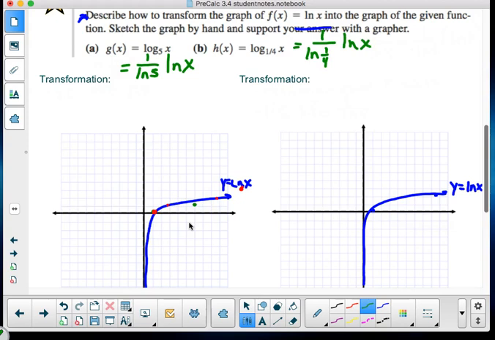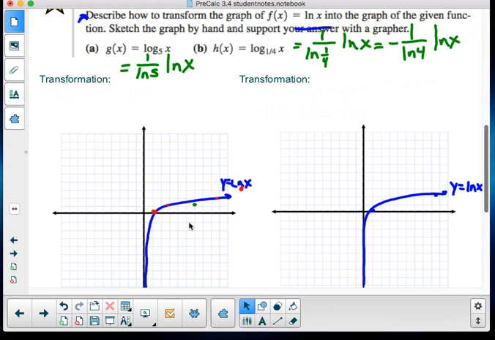Because it's the natural log of 1/4 and it's between 0 and 1, my graph will go through a reflection across the x-axis, followed by a vertical stretch of natural log of 4, times the natural log of x.